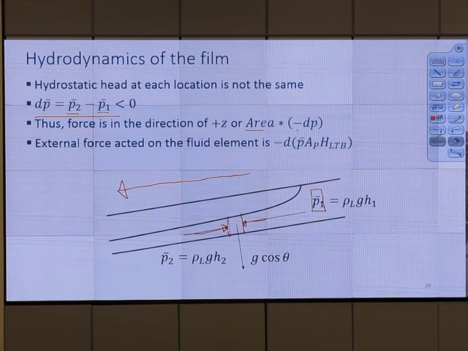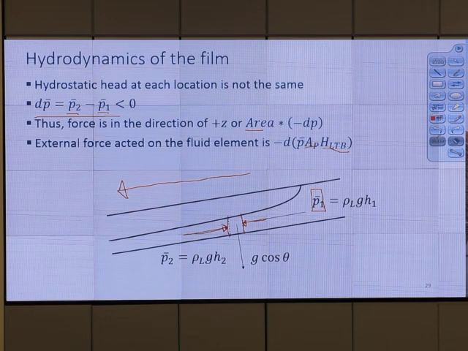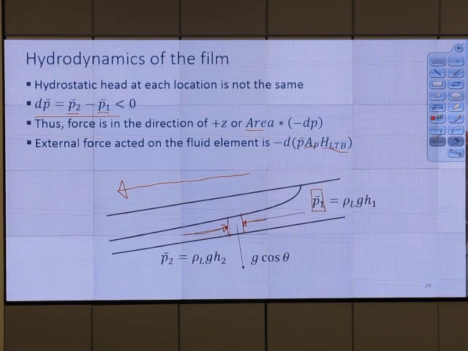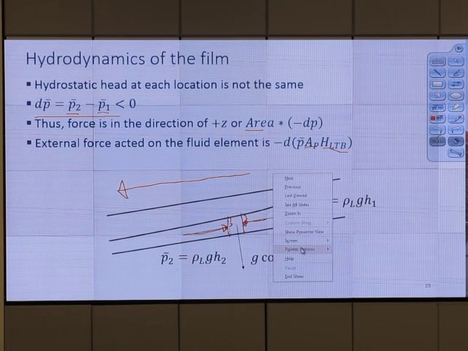So that minus dP, the area will be AP multiplied by HLTB. Okay, area multiplied by HLTB. So H2 and H1 here may not be that correct. You may have to define H1, H2 like, okay, H1 is half of this length, H2 is half of that length, or something, but in this derivation, it doesn't matter.